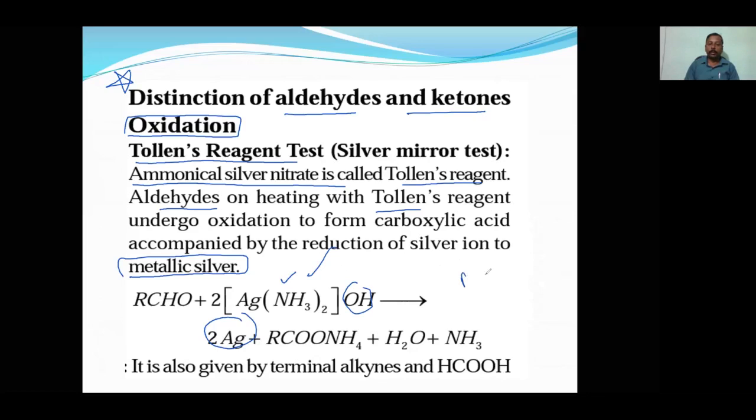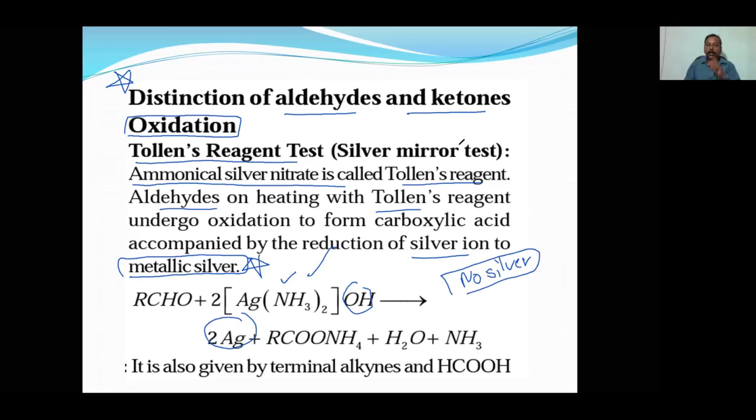If silver is forming, that means it is an aldehyde. This is called the silver mirror test also. No silver means no reaction, and no reaction means ketone. A reaction means aldehyde. Is that clear?